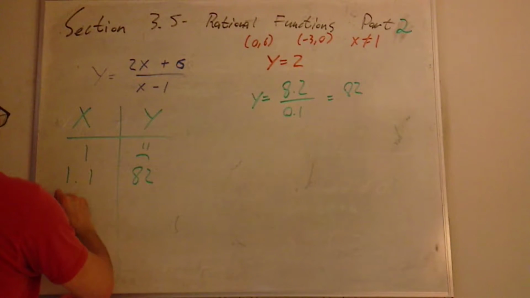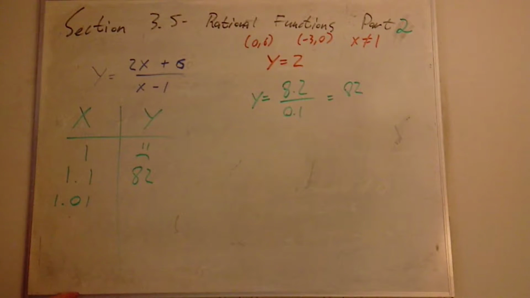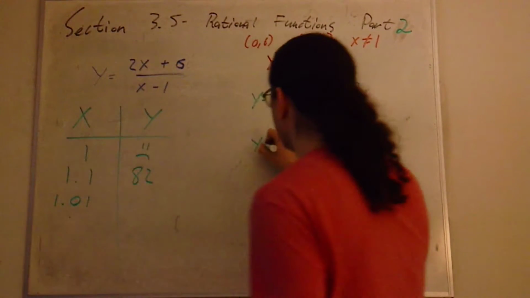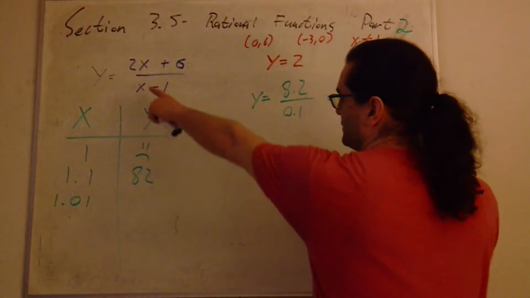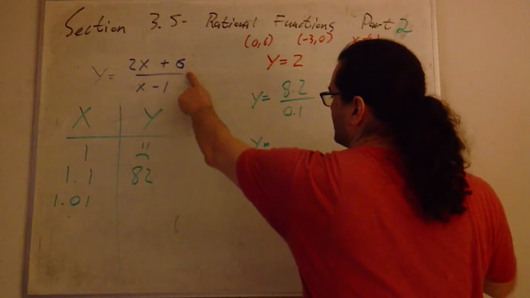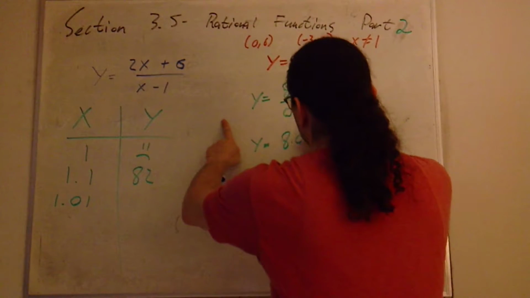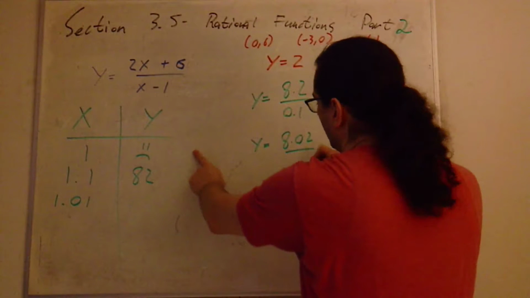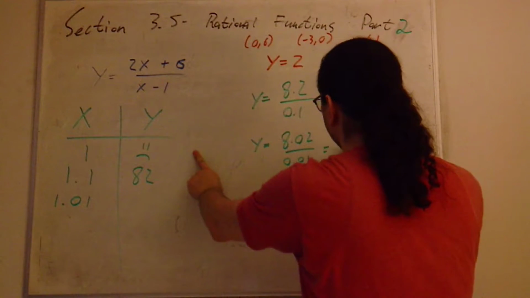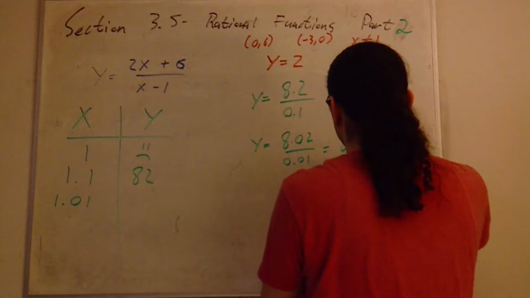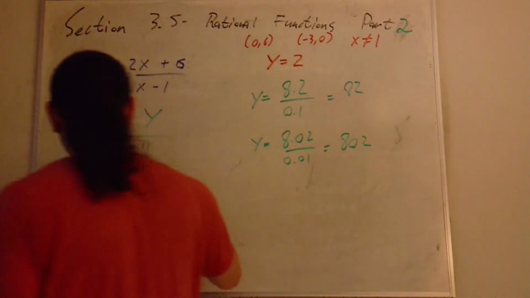I'm going to try 1.01. I'm going to get 10 times closer and see what happens. This time I'll get y equals, let's see, 2.02 plus 6 should give me 8.02 over 0.01. That'll give me 802.